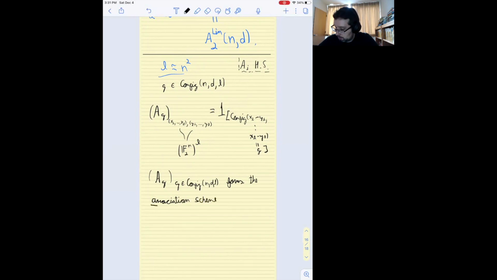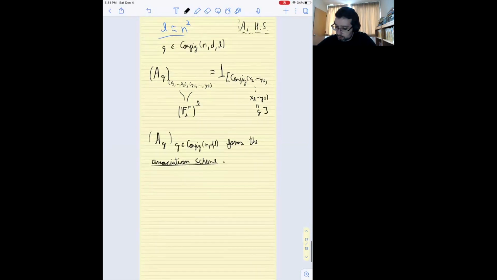And the connection that Delsarte showed tells us that if you look at a suitable theta prime of graphs that are exclusion graphs constructed based on this scheme, then this is equivalent to looking at our LP, right?